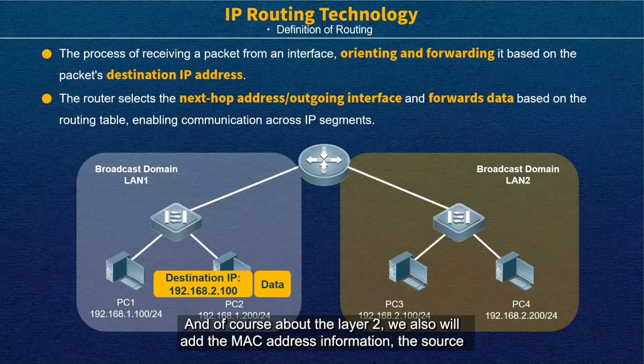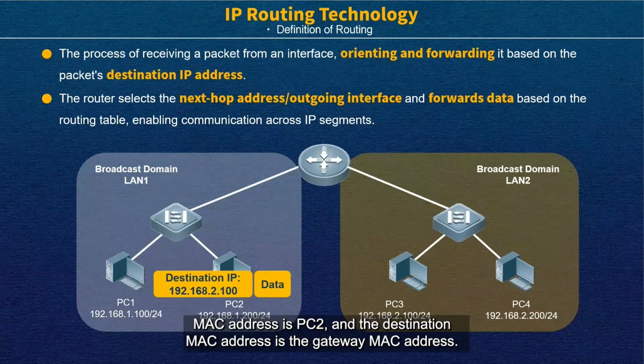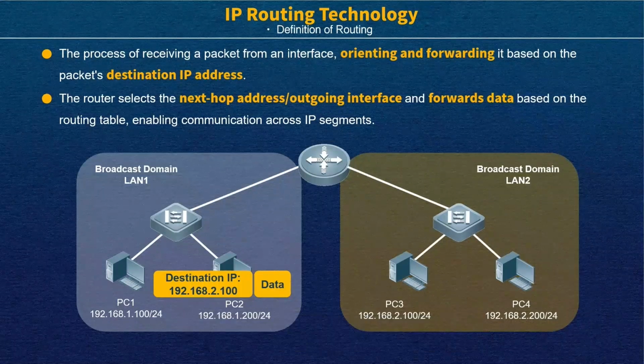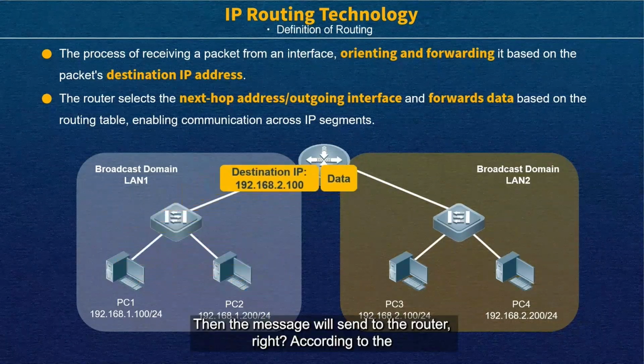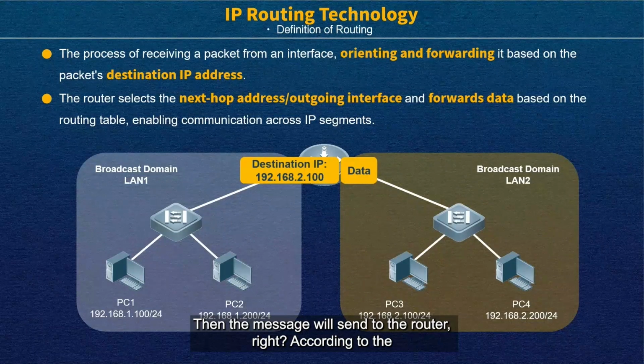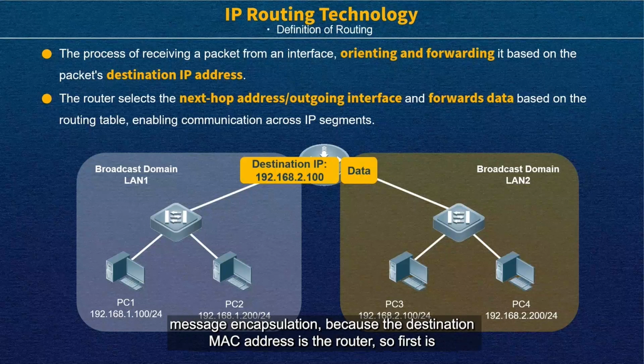And of course, at layer 2, we also add the MAC address information. The source MAC address is PC2's, and the destination MAC address is the gateway MAC address. Then the message will be sent to the router, right? According to the message encapsulation, the destination MAC address is the router.